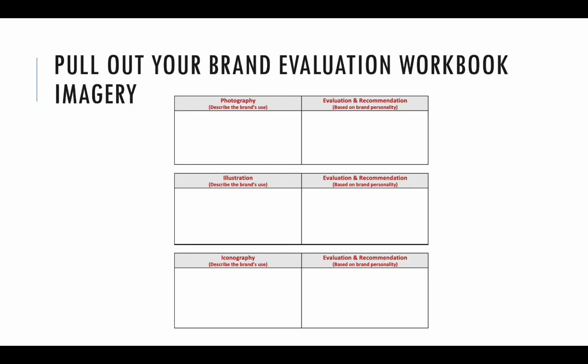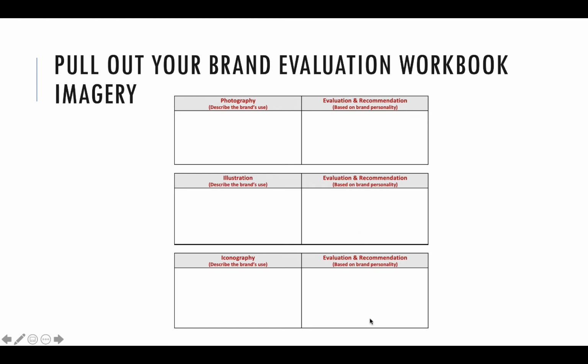So what I want you to focus on for this particular video is pull out that workbook and focus on imagery. So here you will see there's three boxes, one for photography, illustration, and iconography. So what I want you to do is to evaluate the existing photography, illustration, if the brand has any, and iconography, and then make a recommendation based on the brand personality that you have developed or that your client has for their brand.